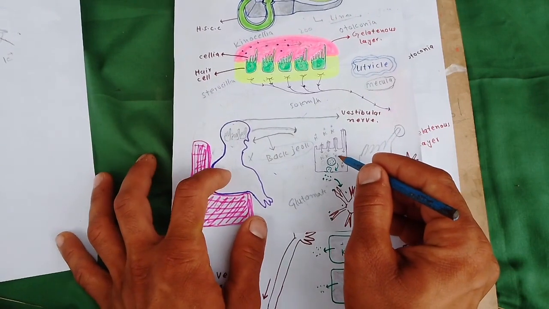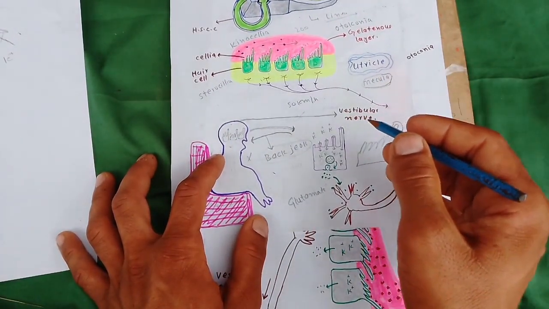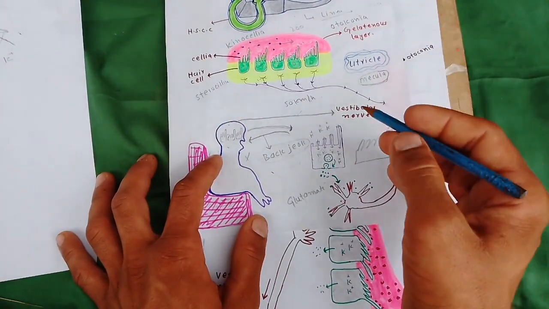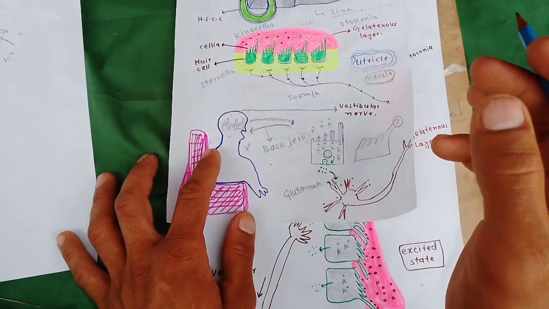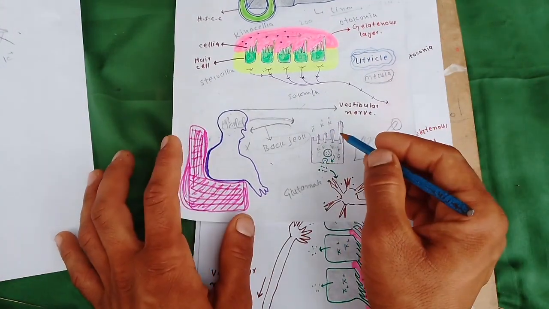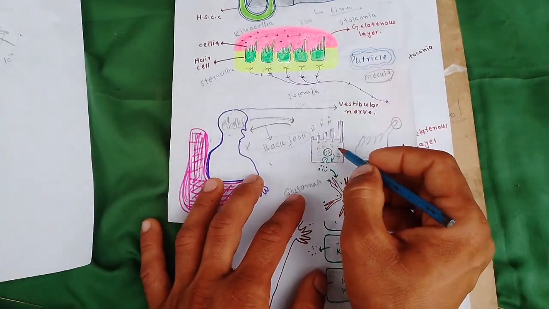When potassium goes inward, it produces a local potential. A local potential is a potential which is not propagated; it is limited to this cell and not propagated in the neuron.